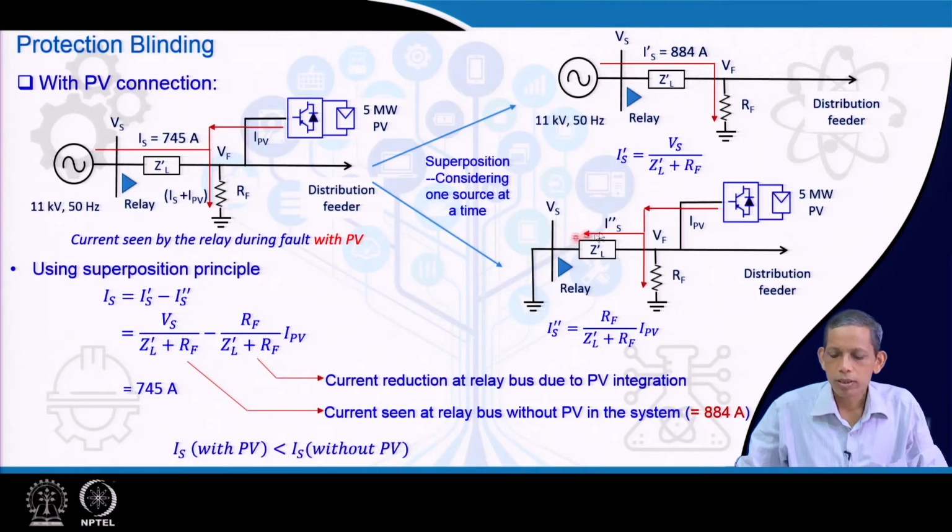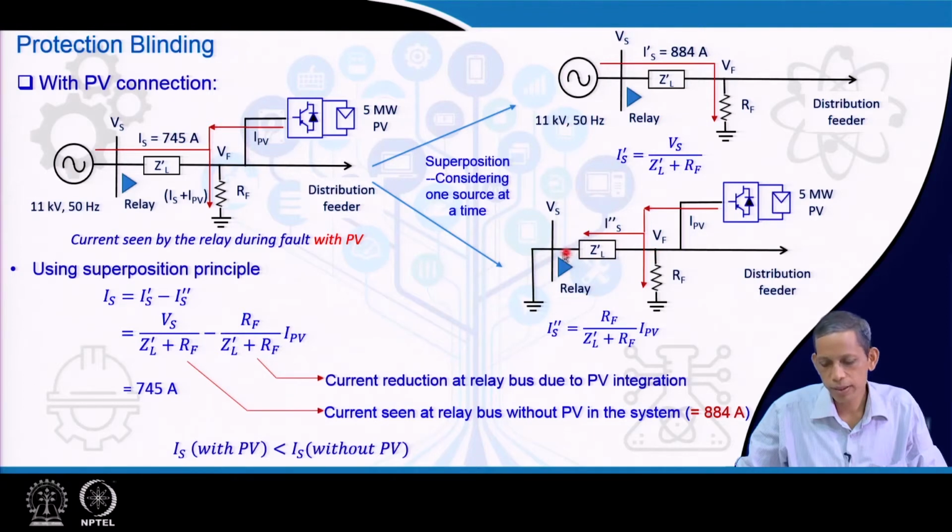Now, the other part, the PV system, happens to be a current source. In this case the current source is considered, and the grid voltage source is shorted. The IPV will supply this fault, and this side will be shorted, considering the 11 kV source to be of negligible impedance.